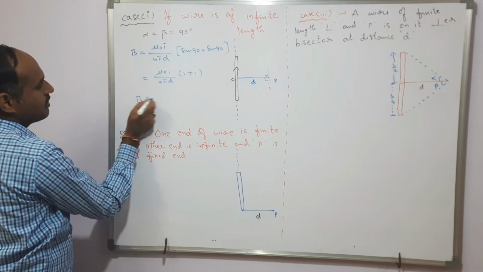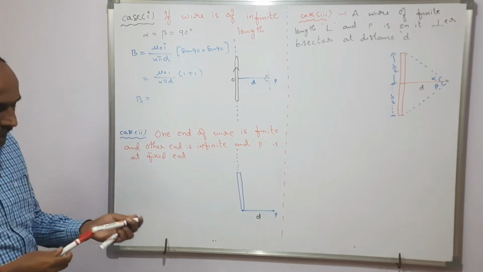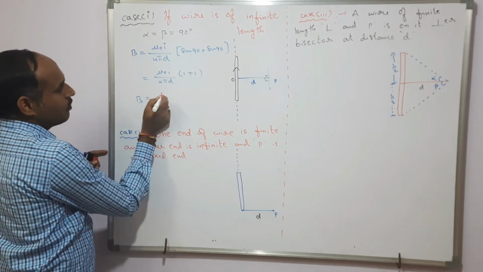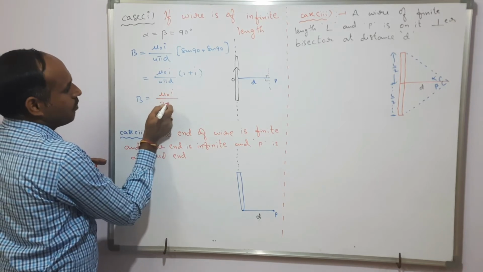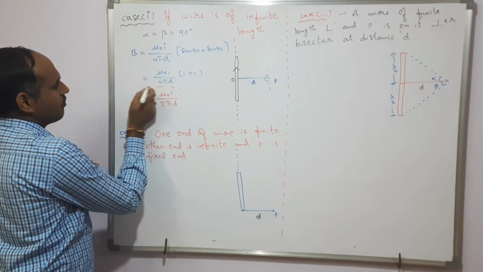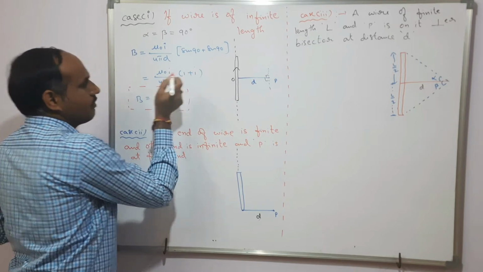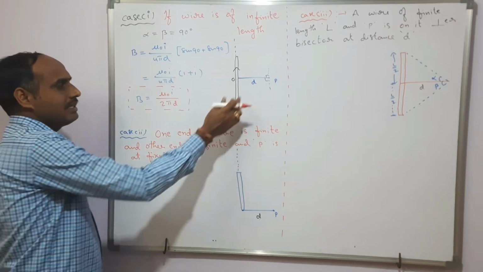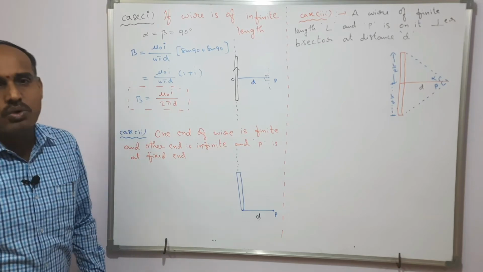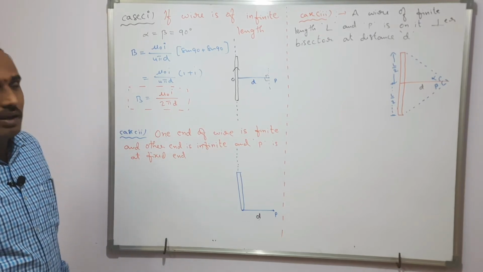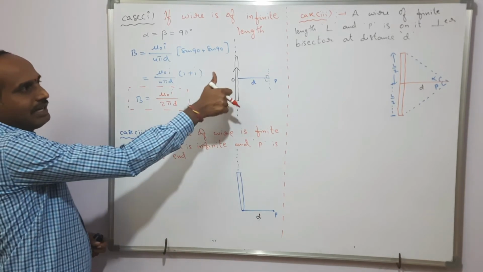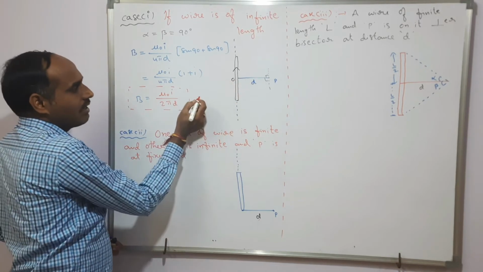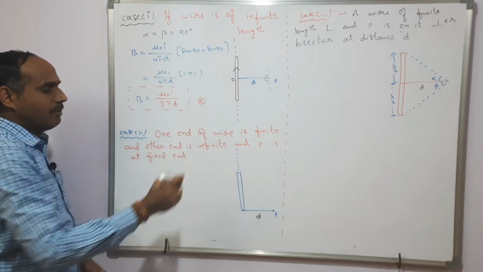So we will get the expression for B due to this infinite length conductor as mu naught I by 2 pi d. Means wherever the straight wire is of infinite length, simply at any distance d, the magnetic field is mu naught I by 2 pi d here, right? And the current is in upward direction, so the magnetic field is into the plane of the paper.